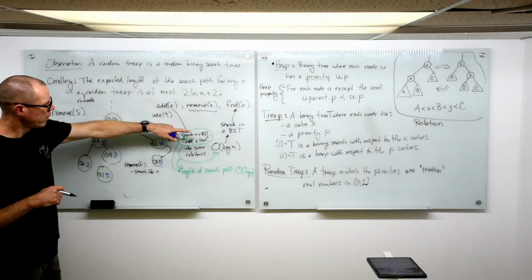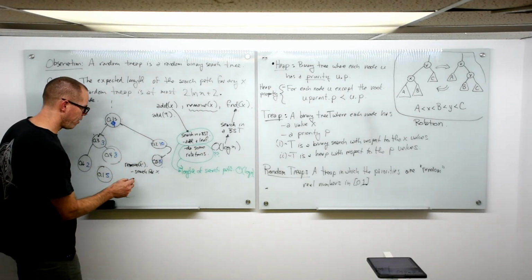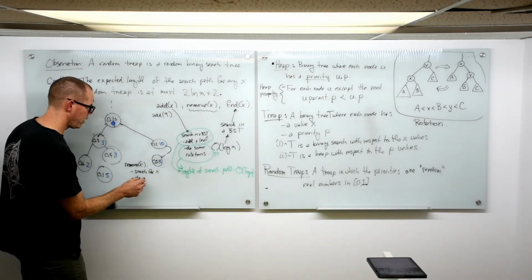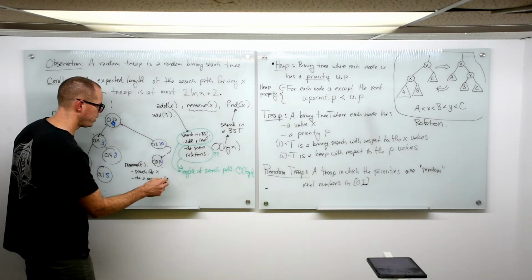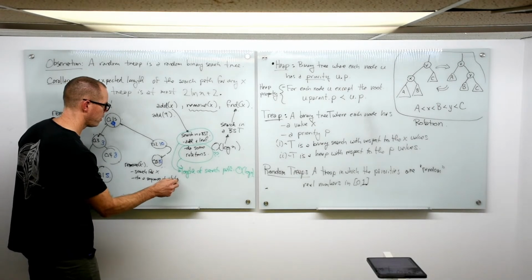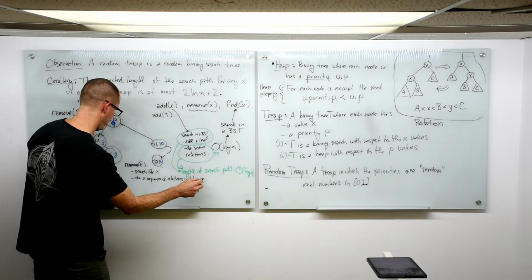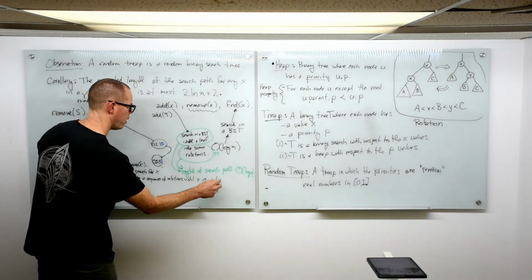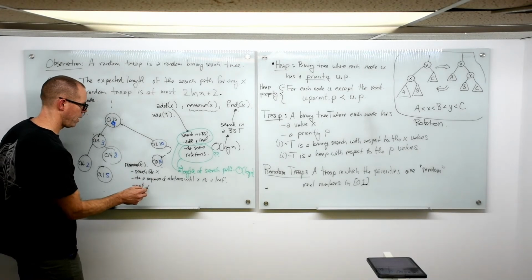We know that only takes O of log n time. Then we have to do a sequence of rotations until x is a leaf. And then finally we cut x out of the tree.